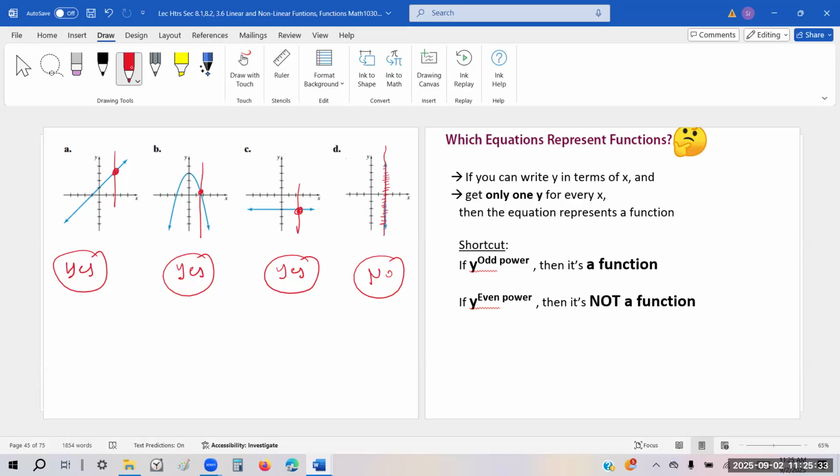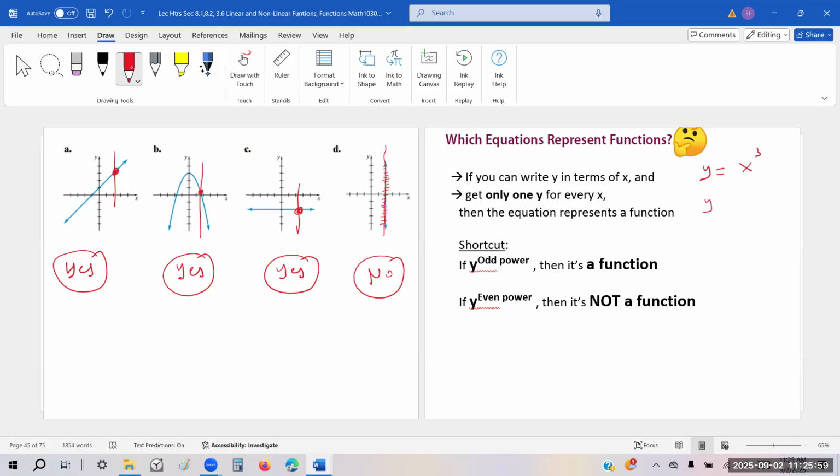For example, y equals x cubed is a function because when x is 0, y is 0, only one number. When x is 1, y is 1, only one number. When x is -1, y is -1, only one number. So for every number for x, you get only one number for y. So it's a function.